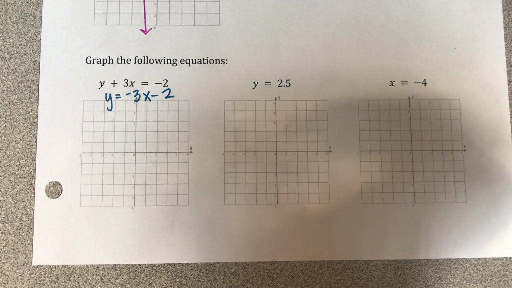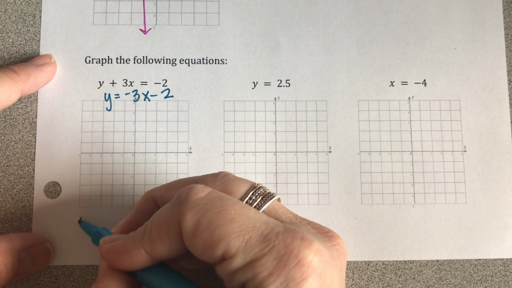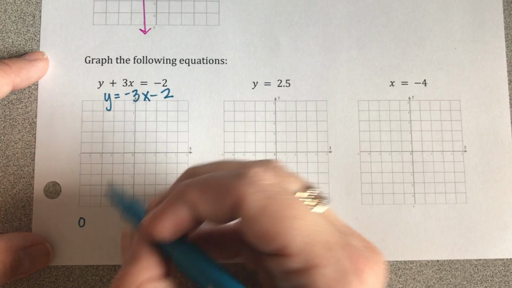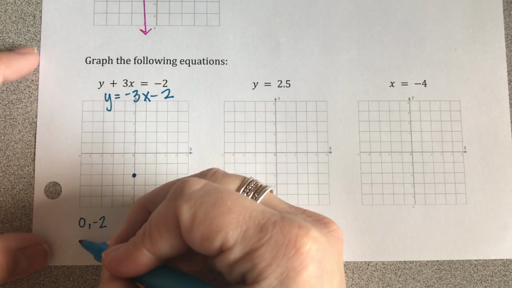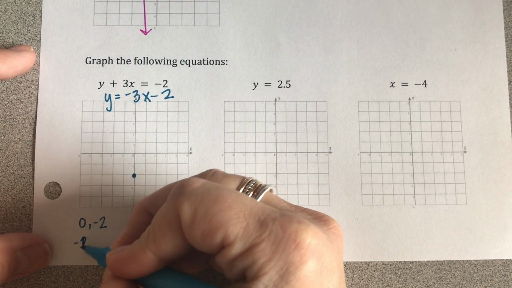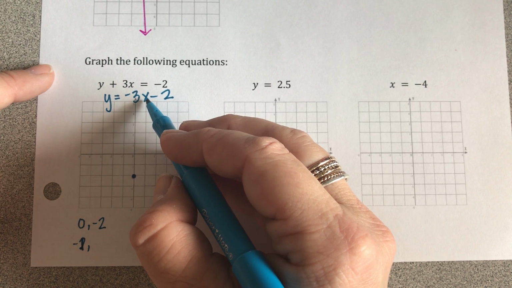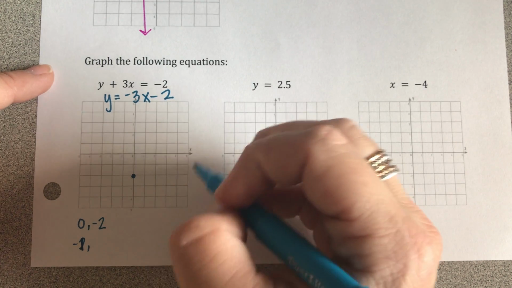So what I can do is find values. I can make a little chart, okay? What happens if I put in a 0 for x? -3 times 0 is 0. 0 minus 2 is negative 2. What if I put in a negative 1? Negative 3 times negative 1 is positive 3. 3 minus 2 is 1.